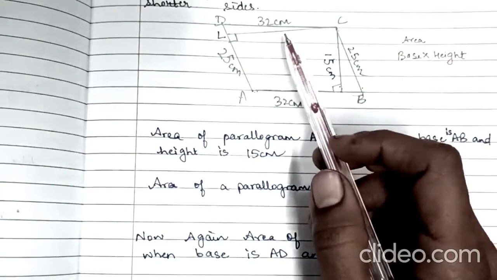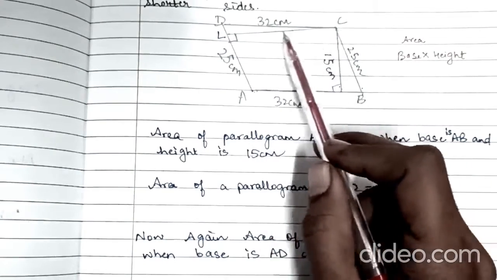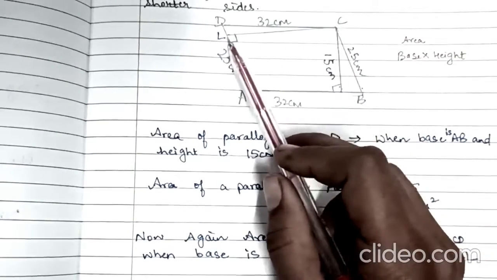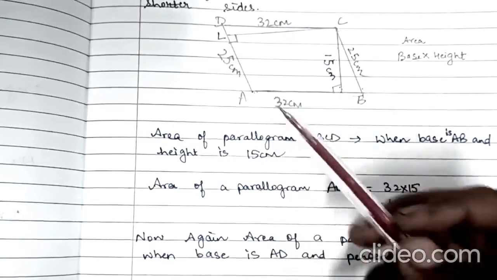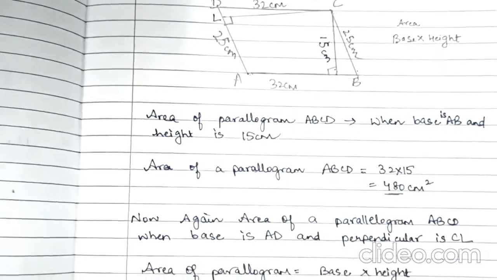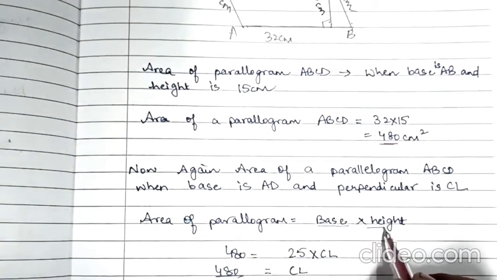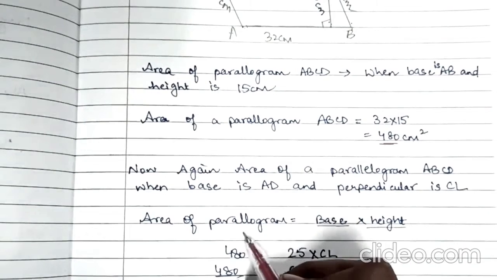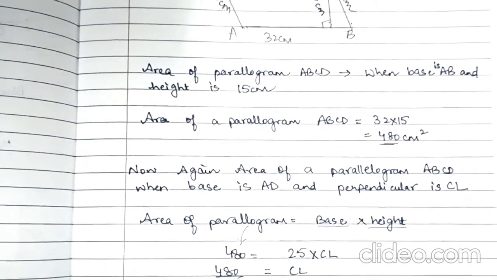Now, in the second case, we will take this as the height, that is CL, and AD as the base. So now the area of parallelogram will be base into height. Now area already we have found out, that is 480.